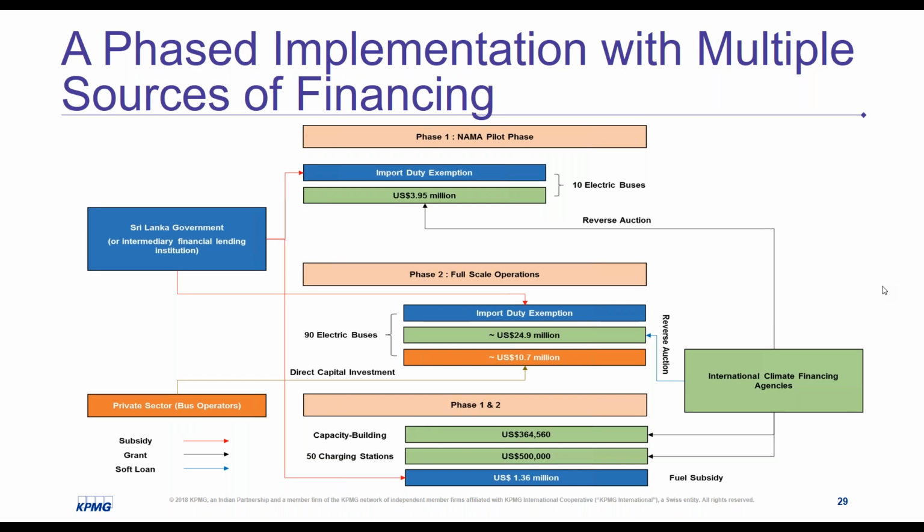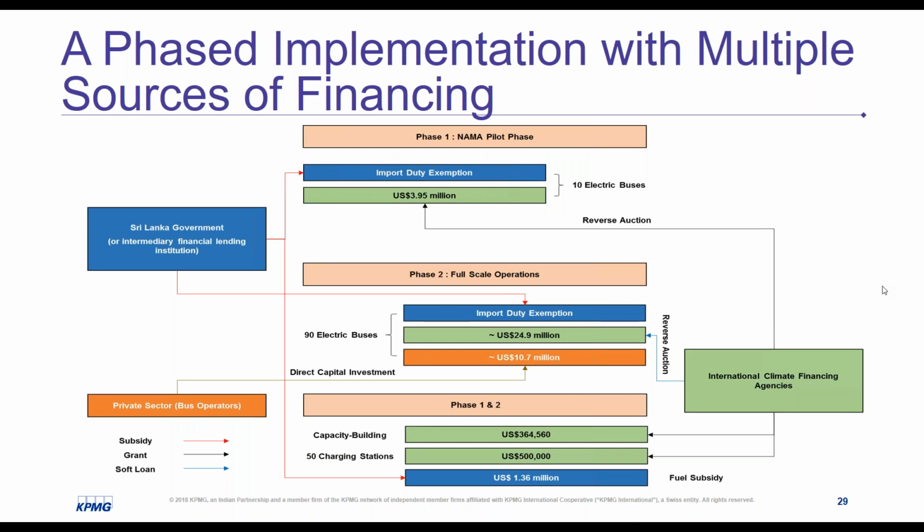The additional delta, which would mean the additional expenditure for going in for an e-bus, could then be contributed through the NAMA funding agency.